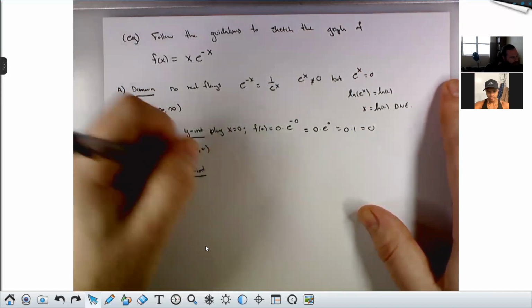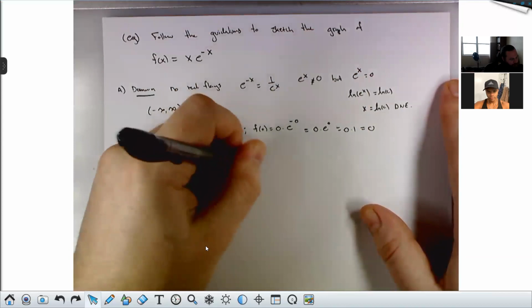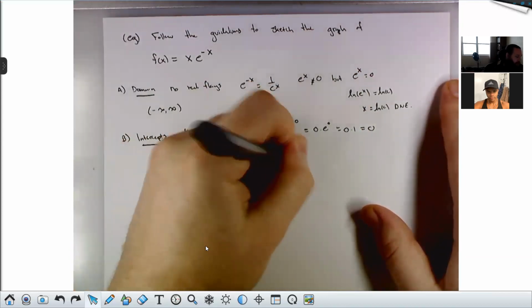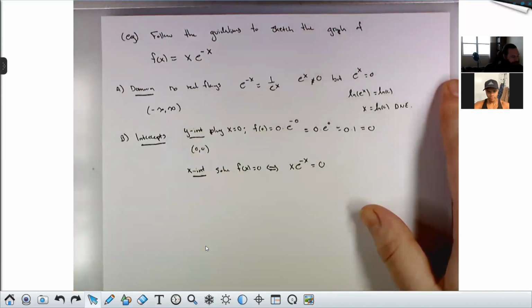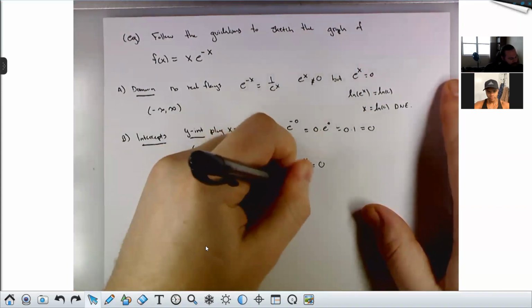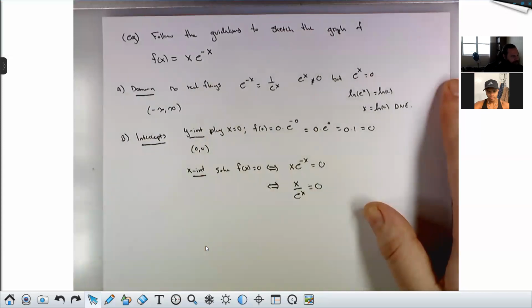X-intercepts, I solve f of x equals 0. That's the same as saying x times e to the negative x equals 0, which is the same as saying x over e to the x is equal to 0.